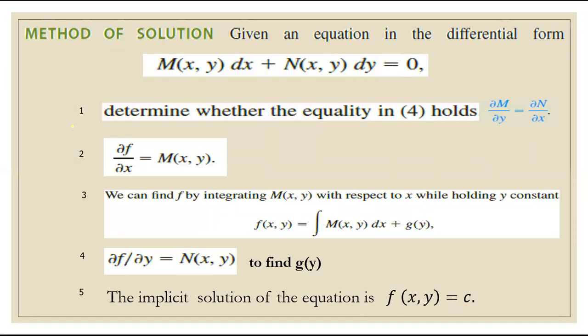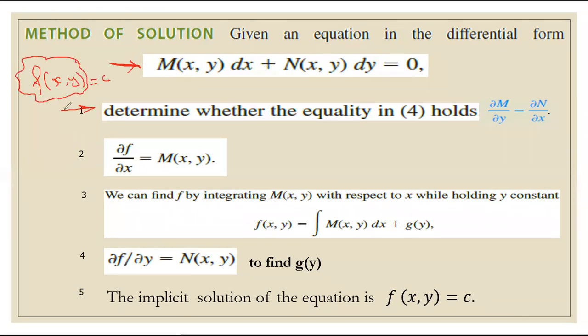So the first step is to check the condition here. The second step is to write, don't forget, let me use here the red pen. Don't forget that the solution of this equation, which is exact, is f(x,y) equals c. So your aim is to find this f.